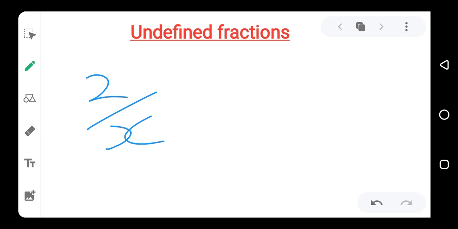We are going to forget everything about the numerator and focus our attention on the denominator, just like in zero fractions, we focus our attention on the numerator and act like the denominator doesn't exist. So here, this fraction is undefined when x is equal to 0. We have made x equal to 0, and that gives us the value of x for which this fraction is undefined.